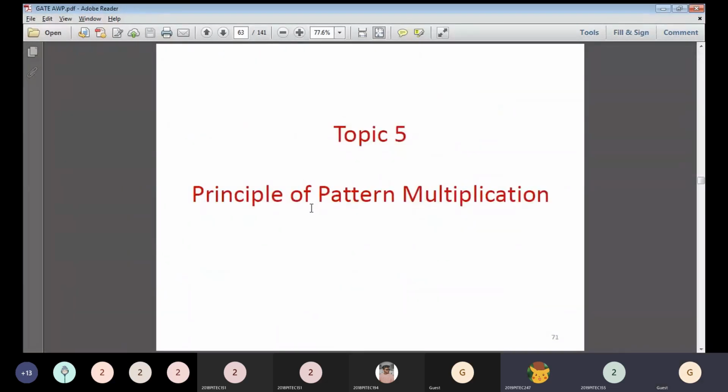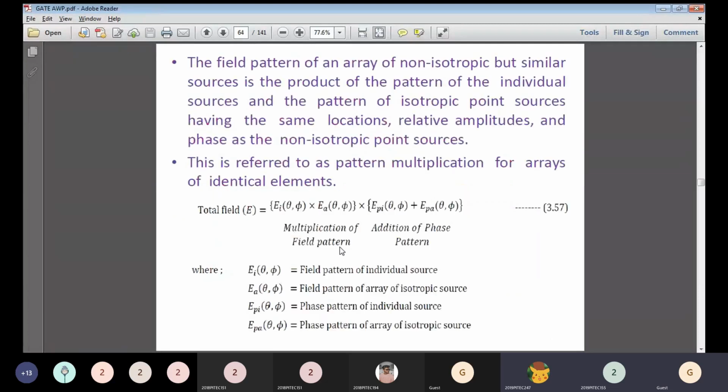Next, the principle of pattern multiplication. It's a very important topic.